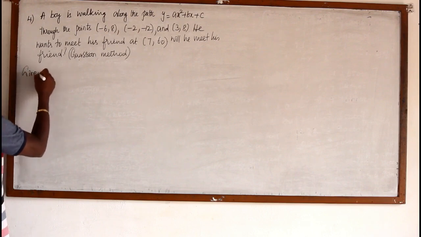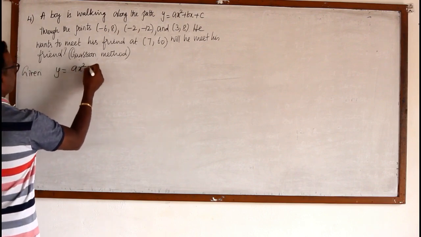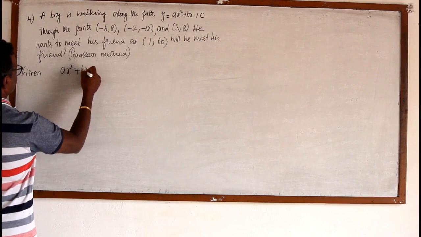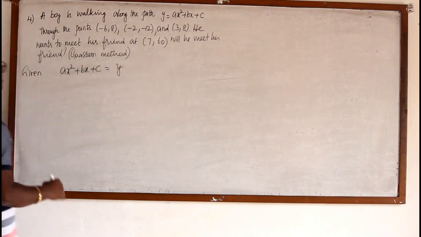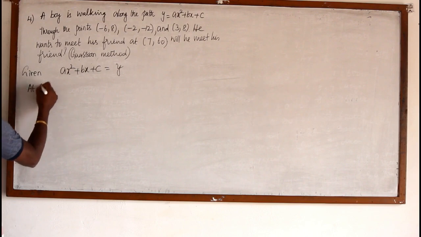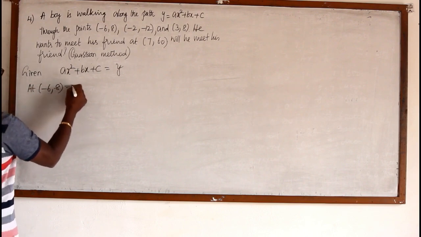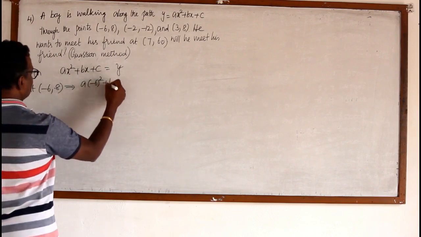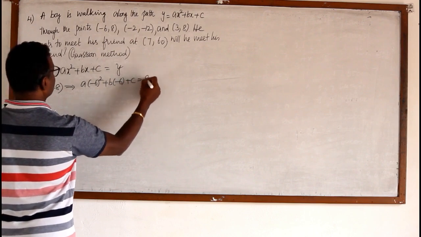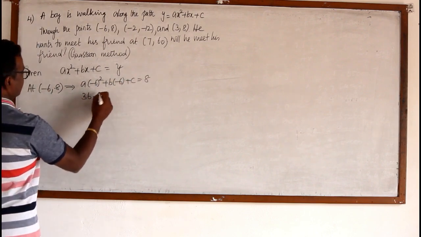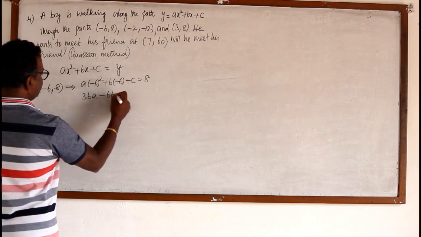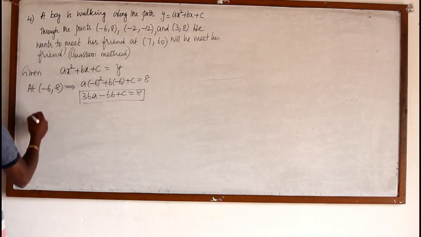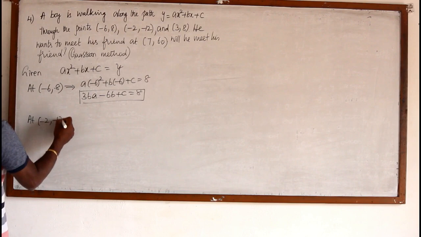So just listen here. Given y equal to ax square plus bx plus c, shall I write this one as ax square plus bx plus c equal to y? Then at minus 6 comma 8, when x equal to minus 6, y equal to 8, isn't it? Then a into minus 6 the whole square, b into minus 6 plus c equal to 8, that is 36a minus 6b plus c equal to 8. This is first equation. Similarly, next point is minus 2 comma minus 12.